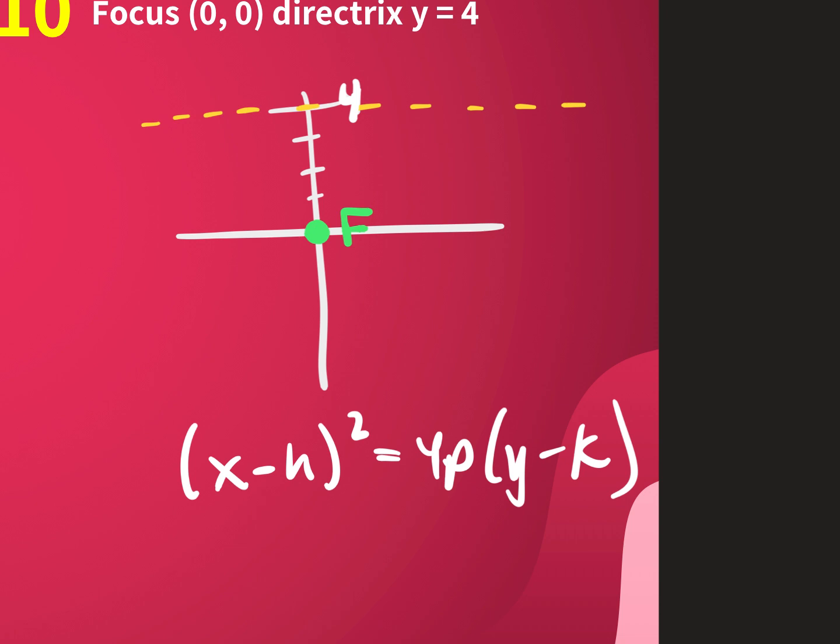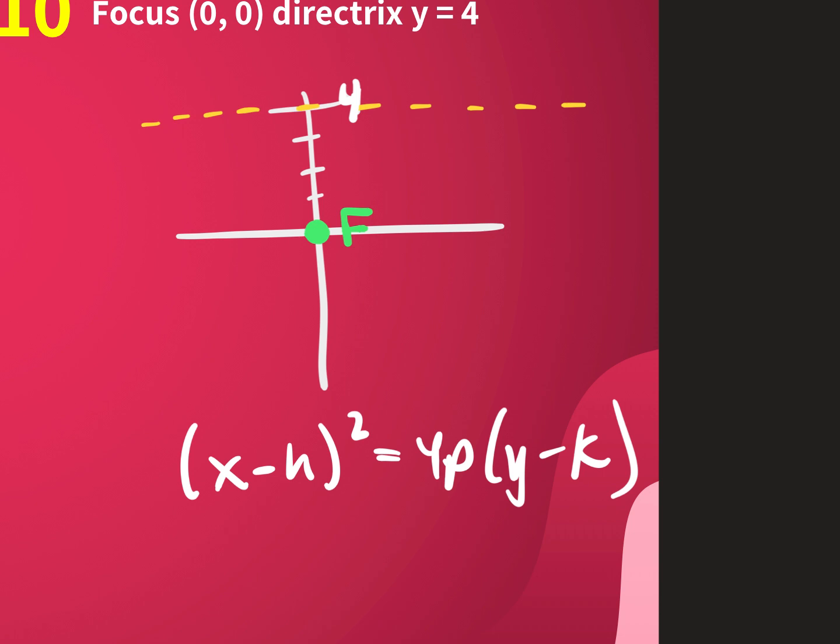How do I figure out what the vertex is, guys? Solve for H and K. You take the average of the what? y values. Why the y values? Because it's on the y-axis, right? Your parabola is opening up and down. Your vertex is equidistant, same distance from the focus to the directrix.